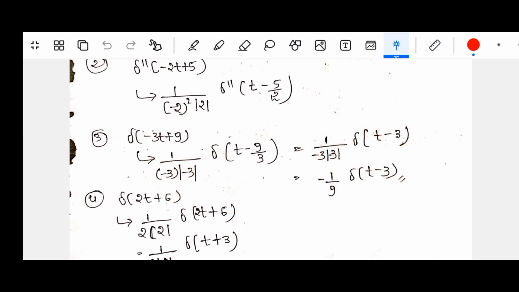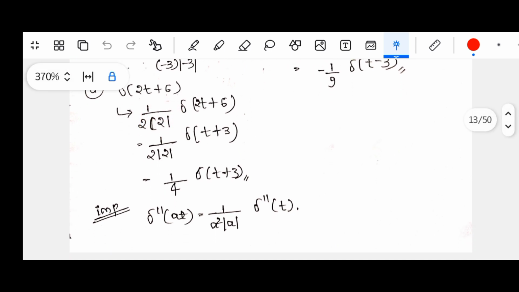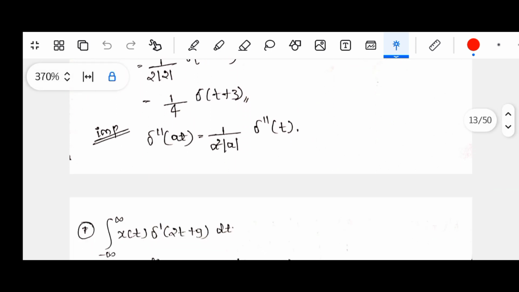So the final answer will be minus 1 by 9 δ(t minus 3). Next, δ(2t plus 6). Here the single differentiation means 1 divided by 2 into mod of 2, δ(2t plus 6). So 1 divided by 2 into 2 means 1 by 4, δ of, find out the location, t will be minus 3, δ(t plus 3).